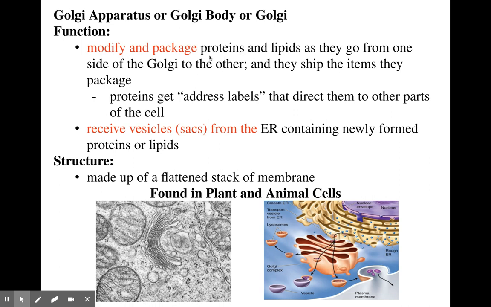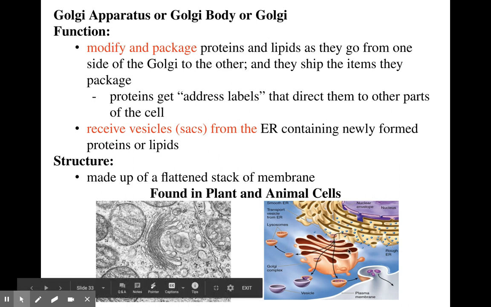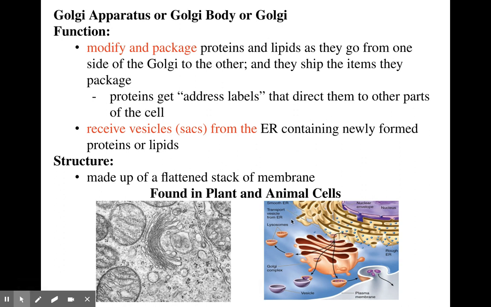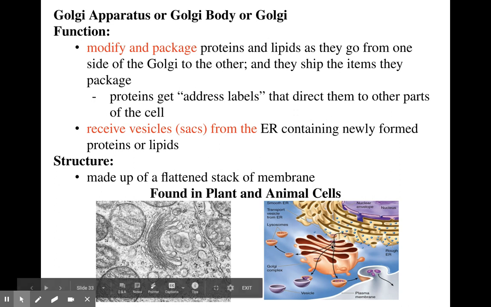What does the Golgi do? They always call it the post office, like it modifies and packages the protein. So that's what a lot of people call it, the little post office. Everything that comes out of the ER, either the smooth or the rough, is going to pinch off and create a vesicle, which is just a sphere of membrane with stuff inside. It goes to the Golgi.